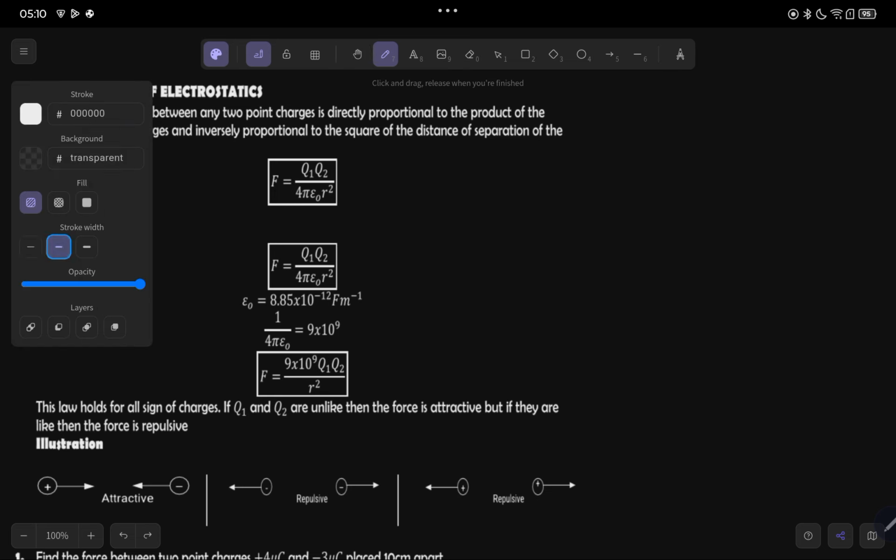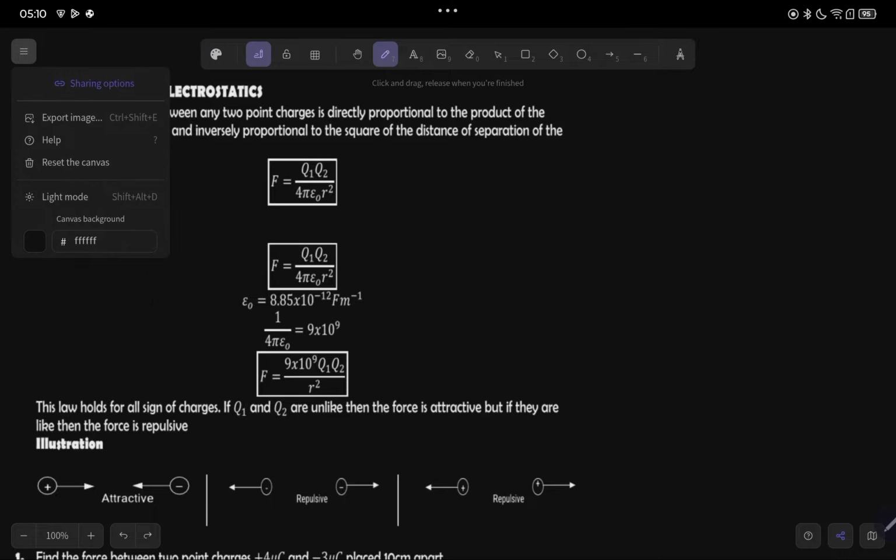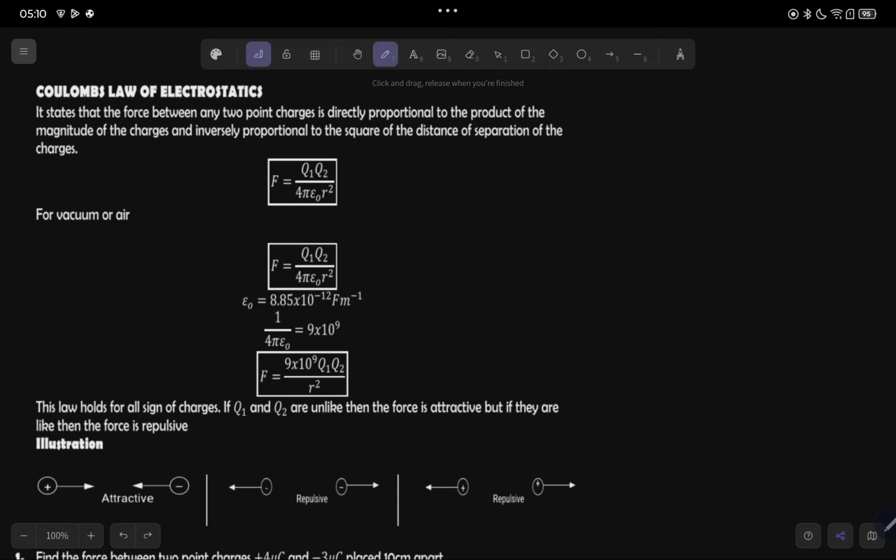So when you have two charges, one is charge Q1 and the other is of magnitude Q2.